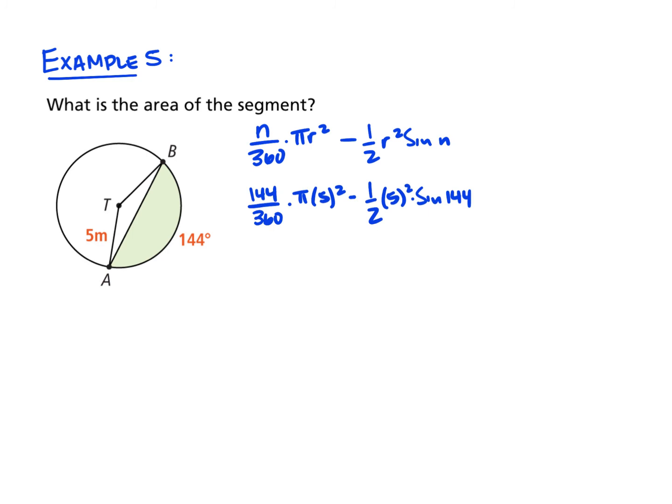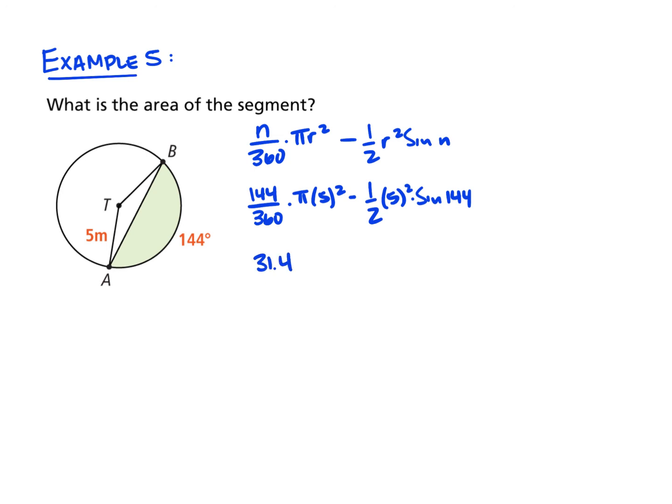Now I'll clean this up a little bit. I'm going to do 2 separate calculations on my calculator. First, I'm going to take 144 over 360 times 25 pi, because I know that pi times 5 squared will be 25 pi. So 144 over 360 times 25 pi gives me about 31.4.